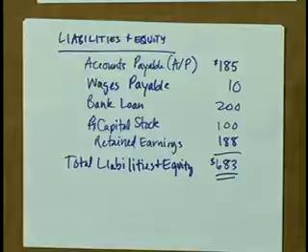There you go. So we're in balance. That's good. Don't ever send out a balance sheet that's not balanced. Okay, any questions on that set of financial statements? All good? Great.